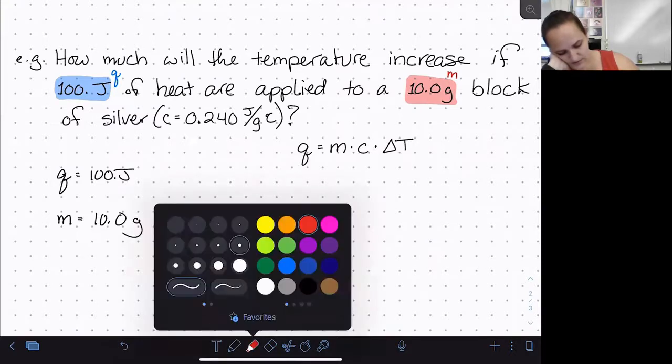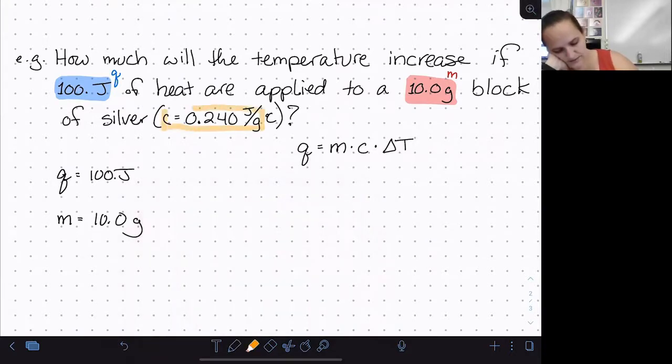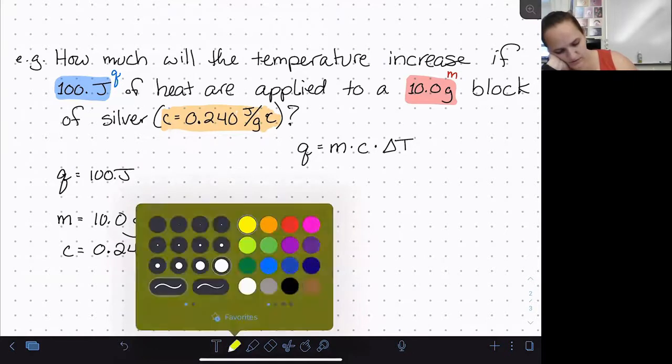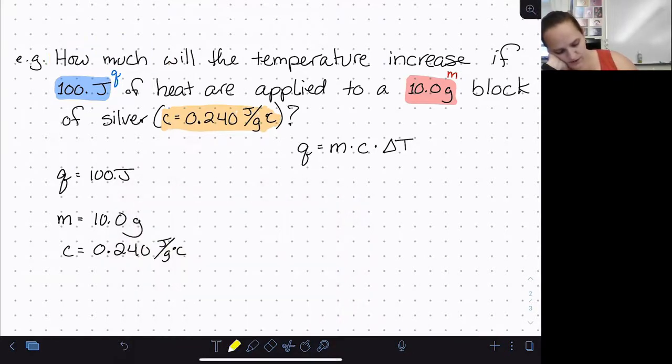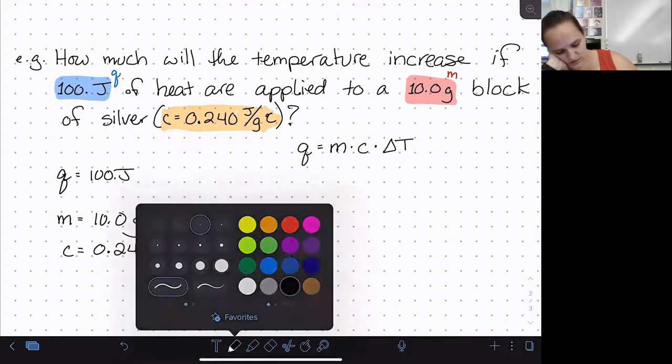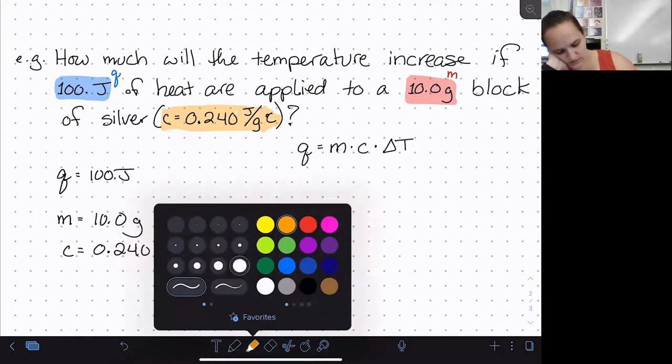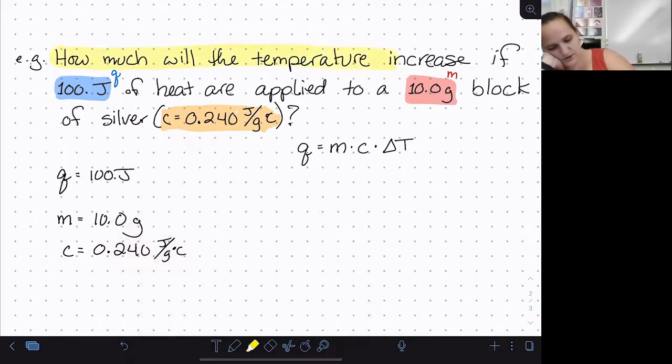We're also given the specific heat. And then what we're being asked is how much will the temperature increase? So we're being asked to find delta T.